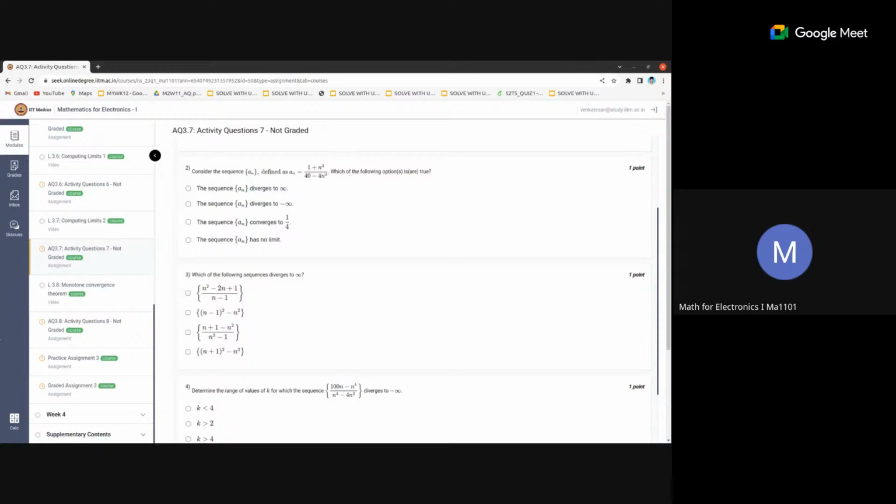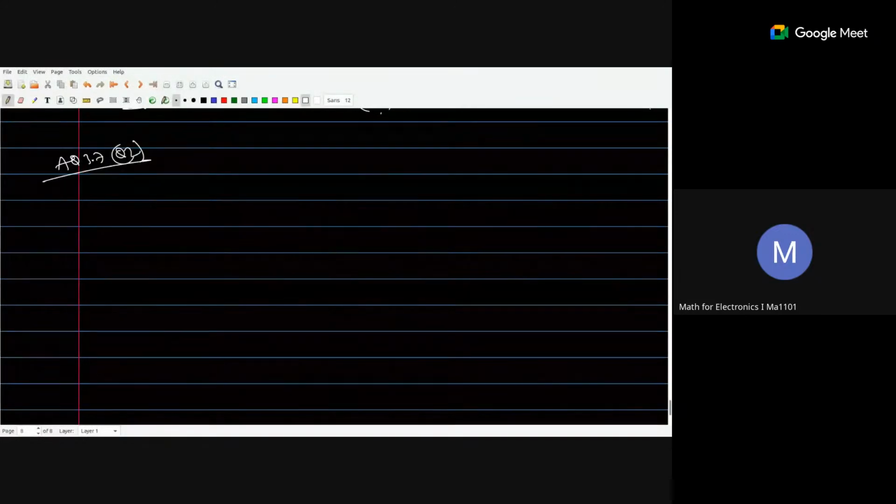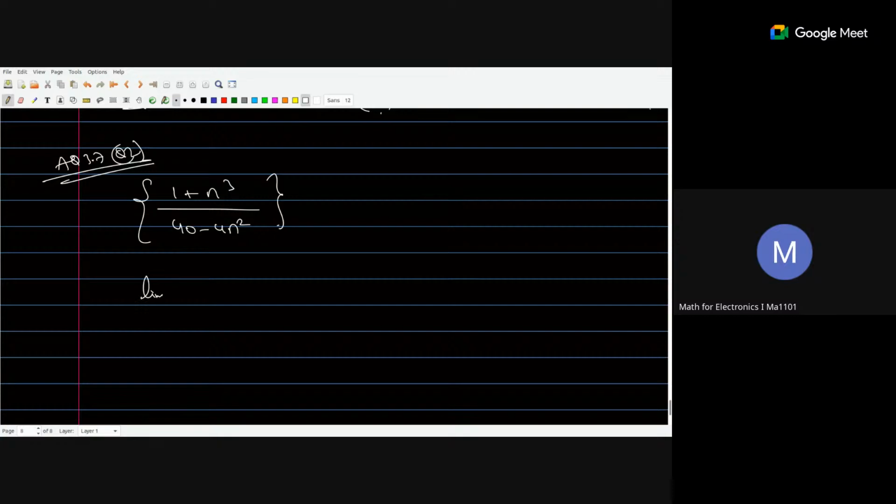Yes, sir. Okay, maybe I will go to the back screen and write this question there, I like writing. Okay, so let me talk about AQ 3.7 question 2. There the sequence is given as (1 plus n cube) divided by (40 minus 4n square). If you are interested in computing the limit as n tends to infinity, you write the nth term.